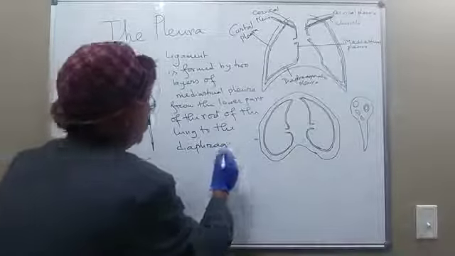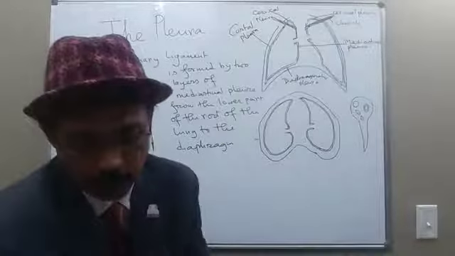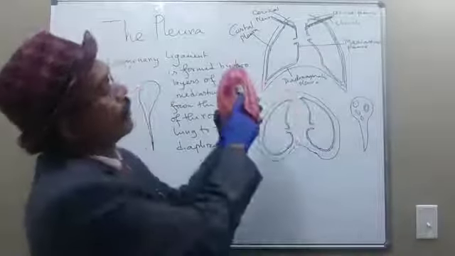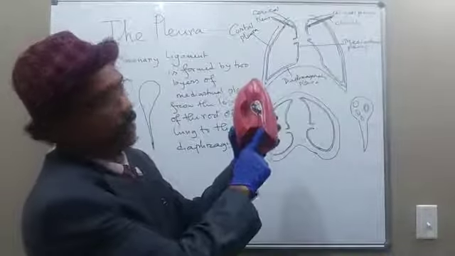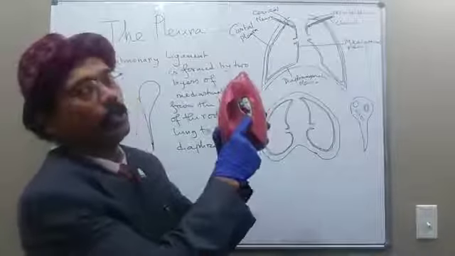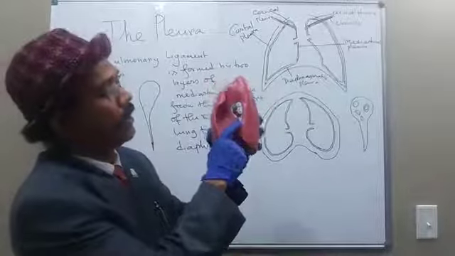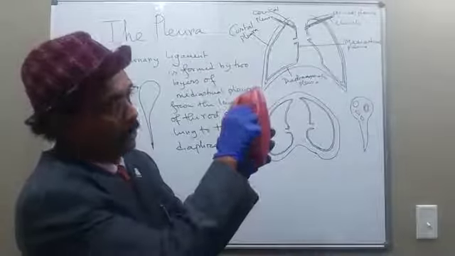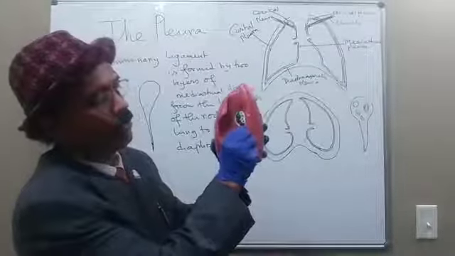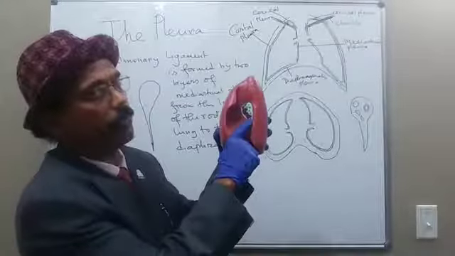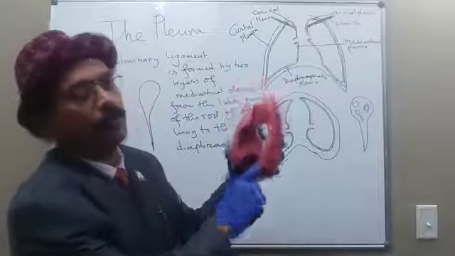Okay, so it should be from here continuing down to the diaphragm. This is the pulmonary ligament, formed by approximation of the two layers of mediastinal pleura from the lower part of the root of the lung going to the diaphragm.